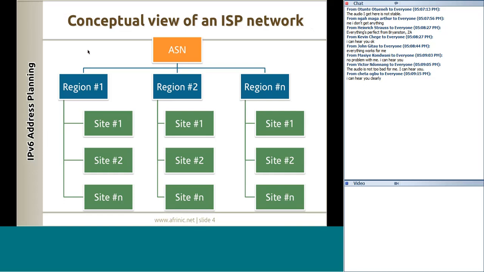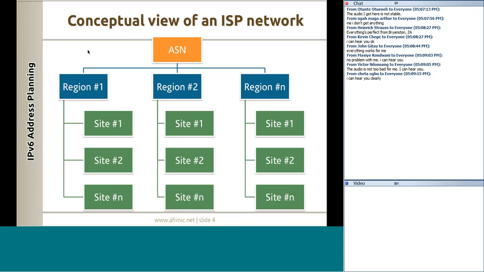So here is a conceptual overview of an ISP network. Now, I want to begin with the green boxes. The green boxes represent the layer 3 aggregation points. For the ISP, it could be a POP. Most likely it's going to be a POP, that central aggregating point to which you connect lots of other customers.